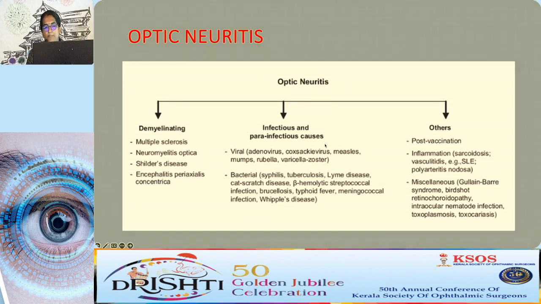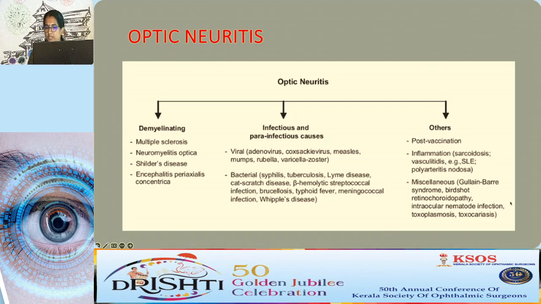Infectious and para-infectious causes include viruses like adenovirus, Coxsackie, measles, mumps, rubella, and varicella. Bacterial causes include tuberculosis, syphilis, Lyme, cat scratch, and streptococci. People also come with post-vaccination optic neuritis. Diagnosis is a bit tricky, but cases are reported.